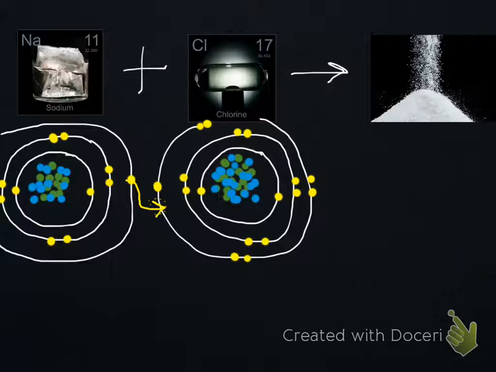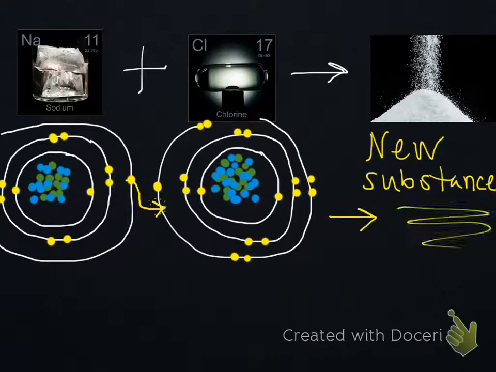Sodium will give its electron away and give it to chlorine, getting rid of that outer energy level altogether. So its new outer energy level will be the second one with 8 electrons. And now chlorine has a full 8 electron shell of valence electrons. So the result, this compound, is a new substance with different properties.